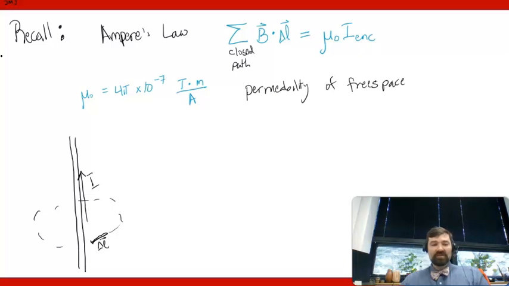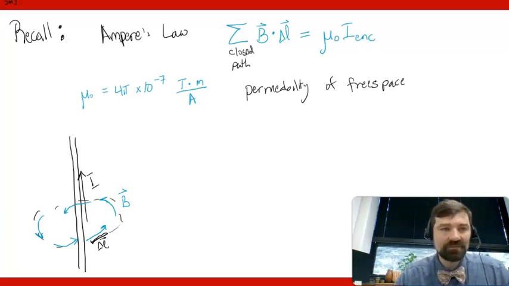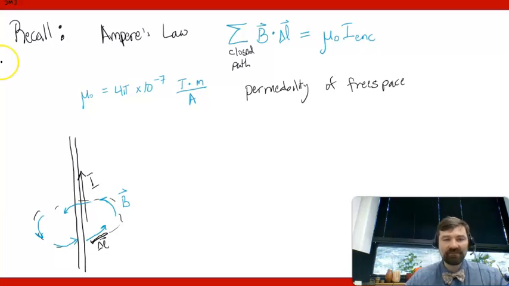And we would basically just need to use all the delta L's around this loop combined with all of the magnetic fields that are around the loop. And the magnetic fields in this case are also circular in nature. And so that then gives you this magnetic field strength in terms of this current that's inside the wire, and in terms of really how far from the wire you are, because when you add all this up, B times delta L summed is just 2 pi times radius times the magnetic field strength.